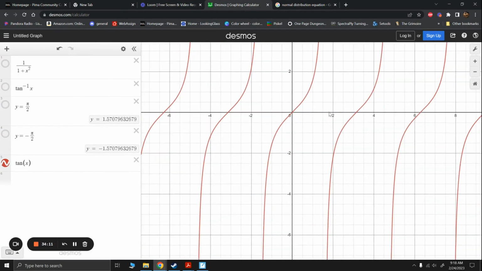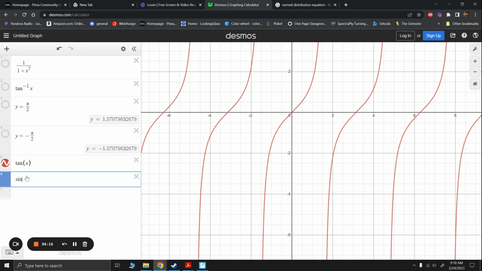essentially asymptotes every time, because if you remember, tangent is sine of x over cosine of x. So essentially it has an issue every time cosine of x is 0, but we're just looking at a single one, not every single one. So it's from when cosine is 0 here to cosine is 0 here.